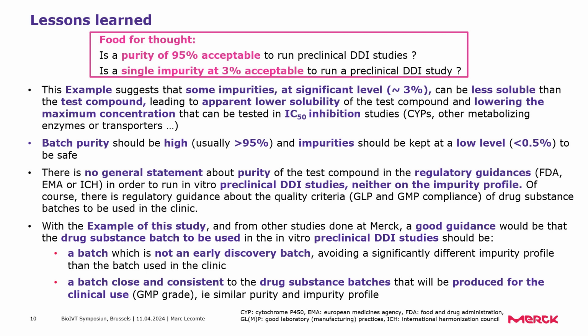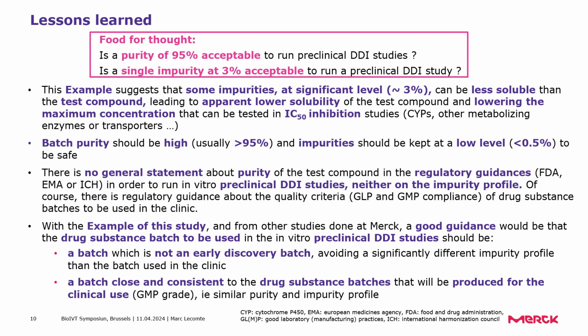Yes, so as I said, the purity test is done by HPLC, so it's a kind of crude peak area ratio. You are right, going further, when you get close to clinical phase 1, we have at Merck what we call DP0, the pre-DP phase before clinical phase 1.